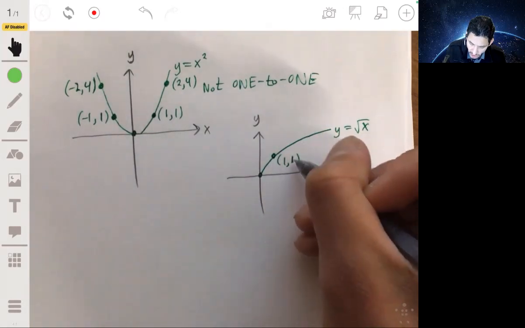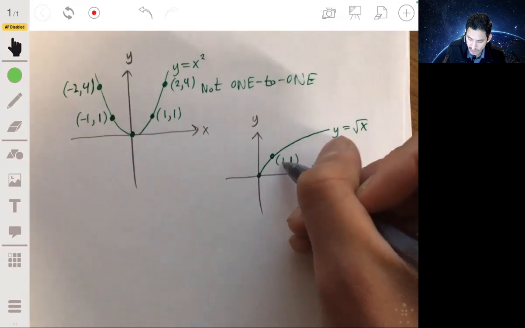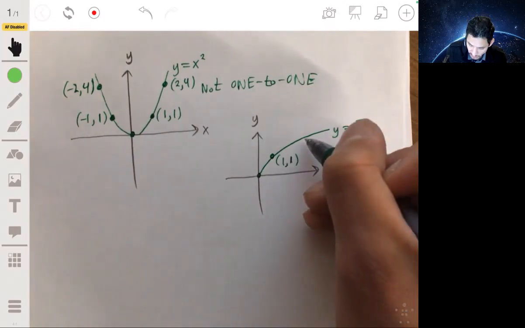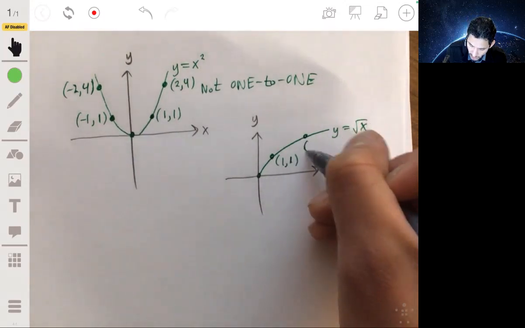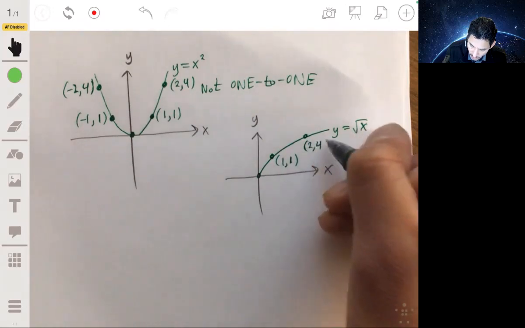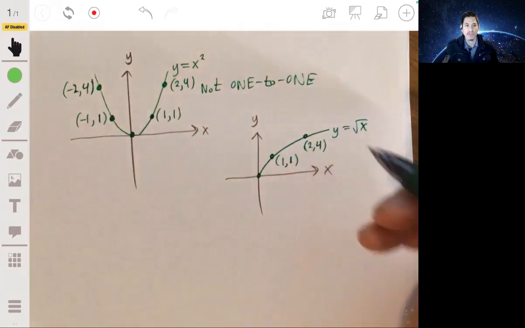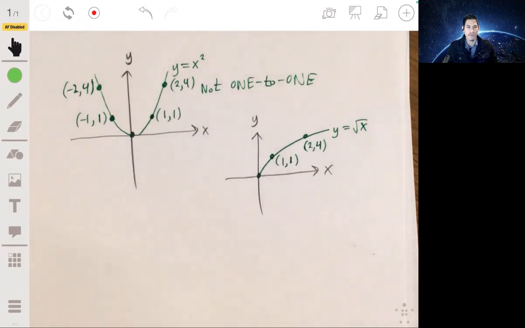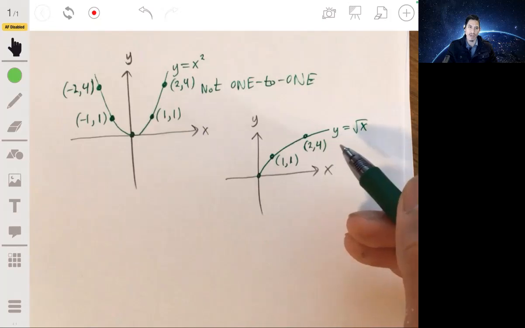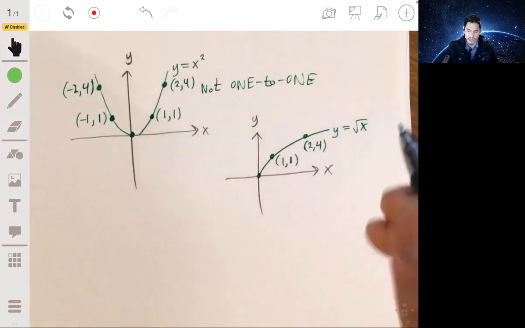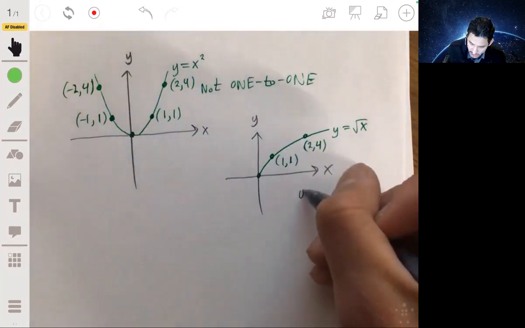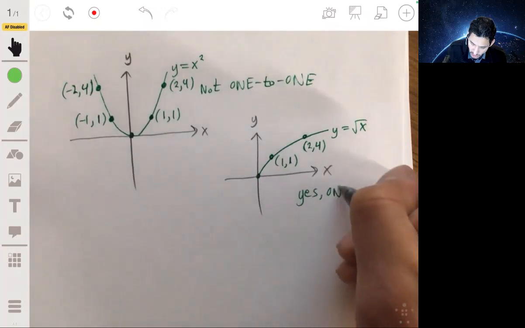To get the y value of 1, there's only one x value you can get it from, which is 1. To get the y value of 2, there's only one x value you can get it from, which is 4. You can show that for every y value, there's only one x value that will give it to you. So yes, 1-to-1.